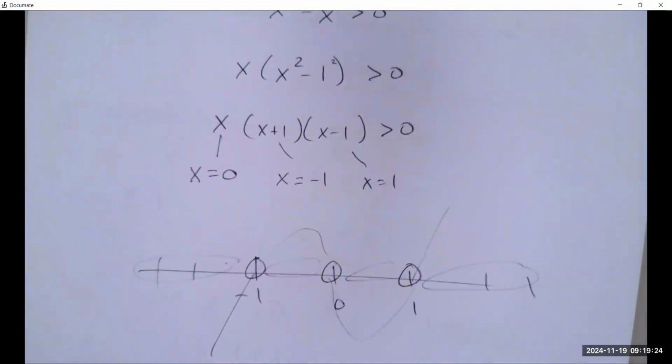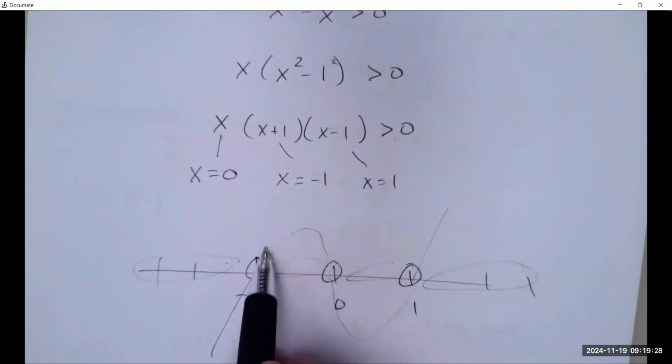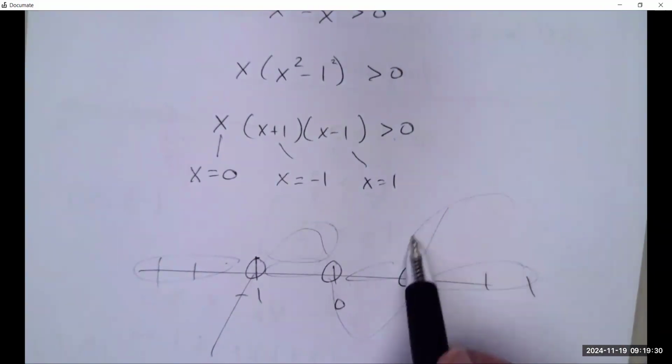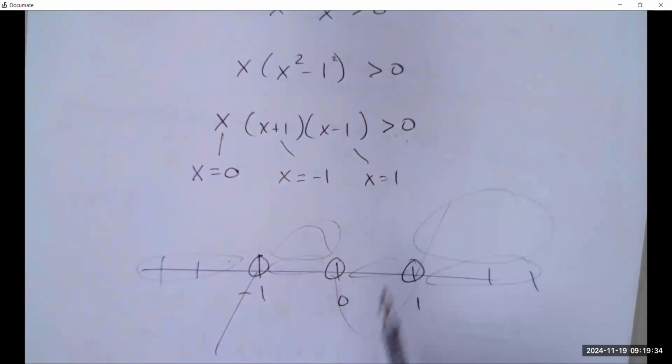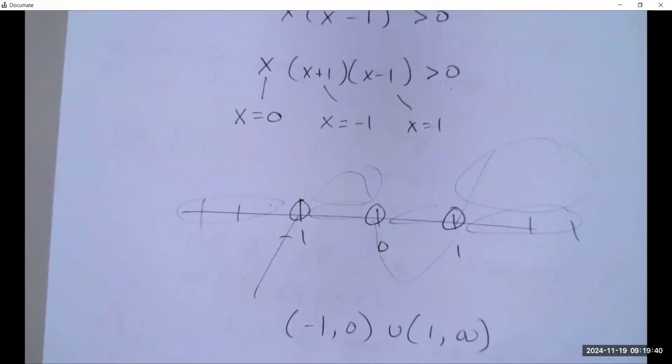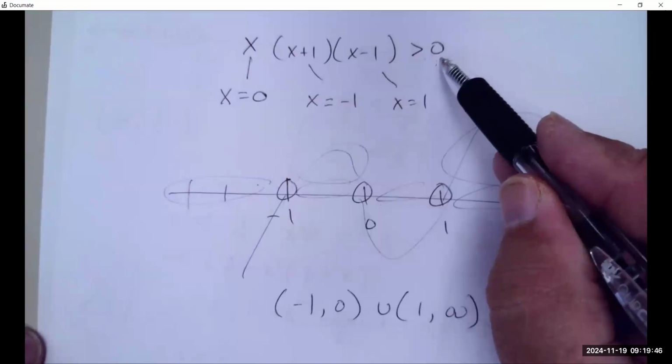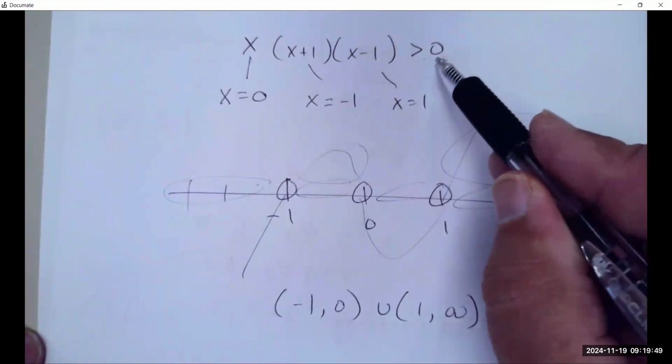So what solutions are we looking for? We're looking for only parts of the answers that are above the x-axis, because it's greater than 0. So our solution is that. We only want part of the graph that's above the x-axis, positive.